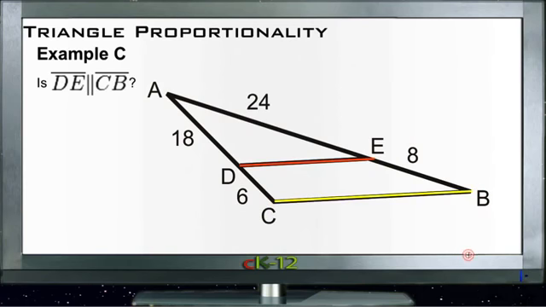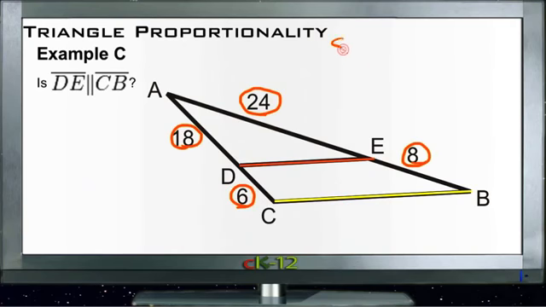Well, if it is, then we could use our proportionality statement to say that this segment here from E to B, this 8-unit segment, must be in the same proportion compared to the rest of its line, which is 24, as this segment here, 6, is to the rest of its segment, 18 here. So if those two proportions are the same, then these two lines are parallel.